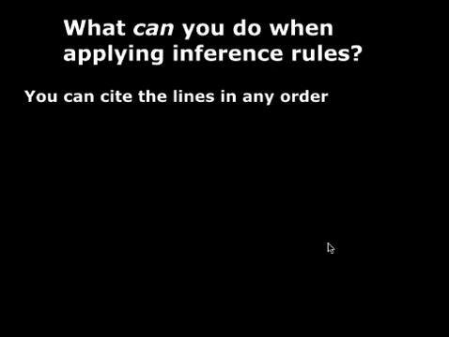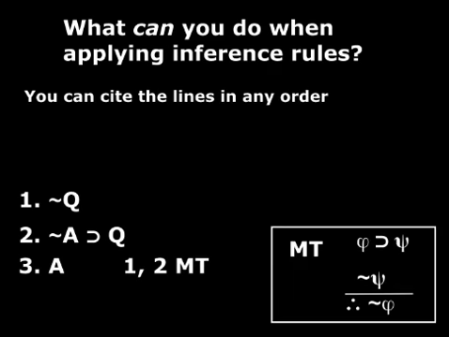Now, another thing you can do is cite the lines in any order you want. By that I mean in the justifications. Here's an example where we've cited modus tollens to get A. Conditional, negation of consequent. Here I've negated the antecedent.